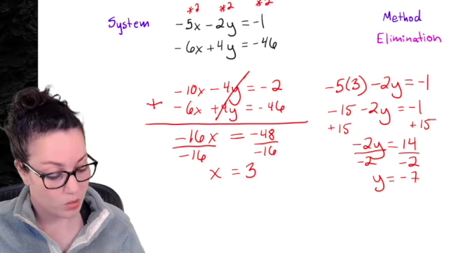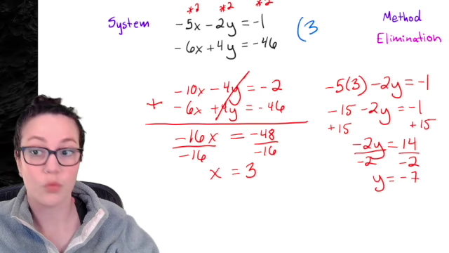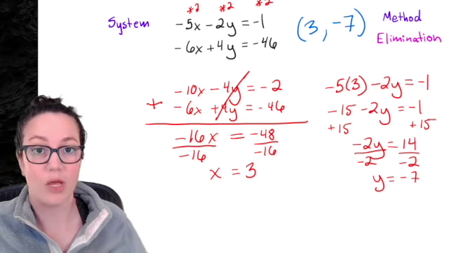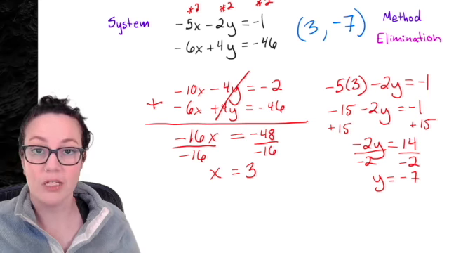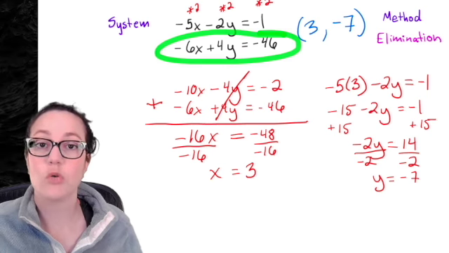Okay, so now we're pretty sure our solution is at 3, negative 7, right? X then y. But to check it, I'm going to plug those values into this equation just to make sure I get a true statement.